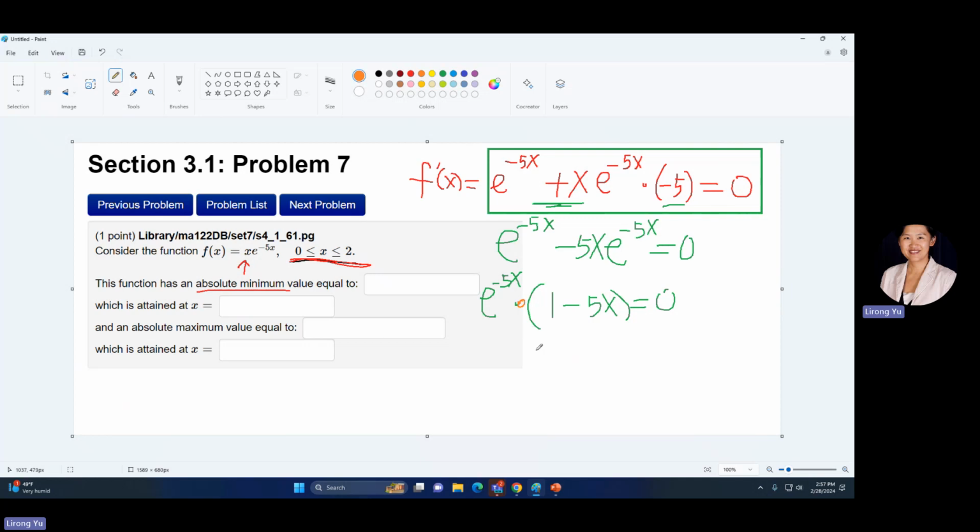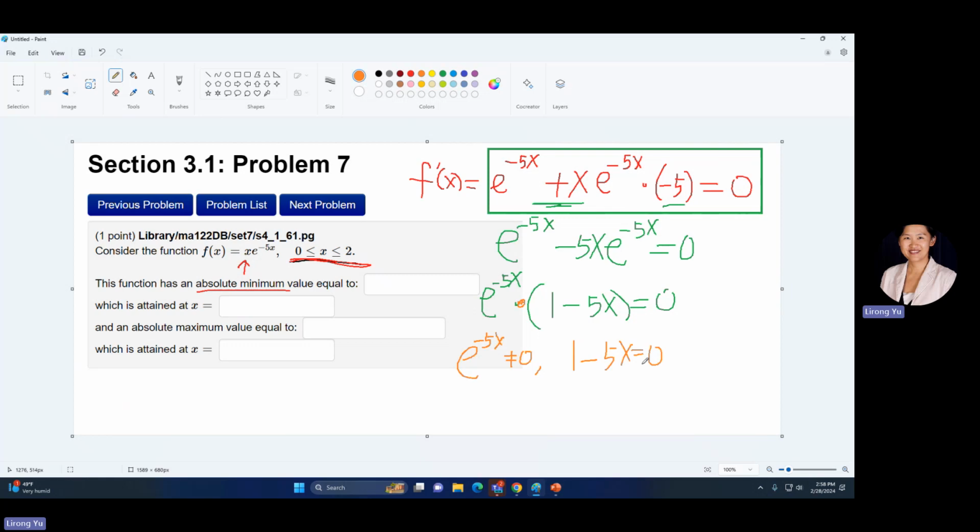In a multiplication, we can make either one factor equal to 0 or the other one equal to 0. So you can make 1 minus 5x equal to 0, or you can make e to the -5x equal to 0. But that one does not equal 0 for any x value, so we can't have that factor equal to 0.